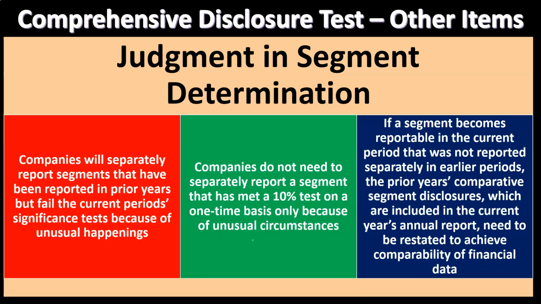If a segment becomes reportable in the current period that was not reported separately in earlier periods, the prior year's comparative segment disclosures, which are included in the current year's annual report, need to be restated to achieve comparability of financial data. In other words, we had no separate reporting before, and we have separate reporting this year because it met the 10% test and we think it's legitimate.